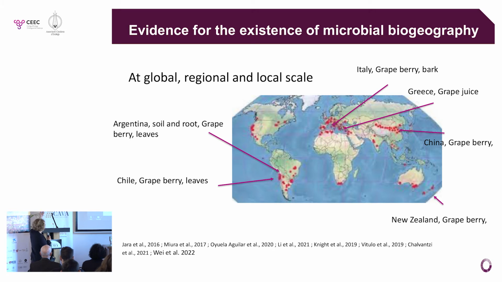You can see, for example, in South America, Argentina, Chile, soil, roots, grapeberry, leaves, and also in Italy, grapeberry bark, in Greece, grape juice, in China, grapeberry, and also in New Zealand, grapeberry. So all those scientific studies concluded to the existence of microbial biogeography. That is to say, considering different scales, regional, local, we can find significant differences concerning the microbial community in the vineyard.